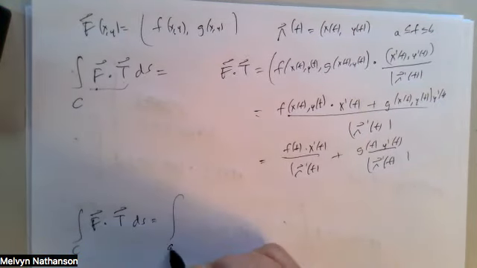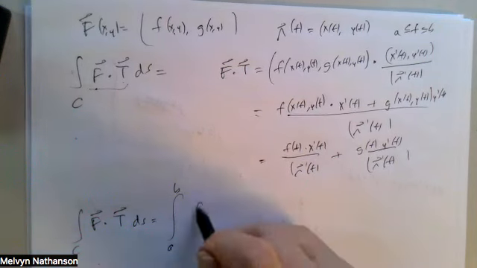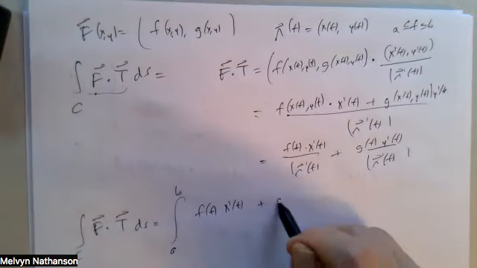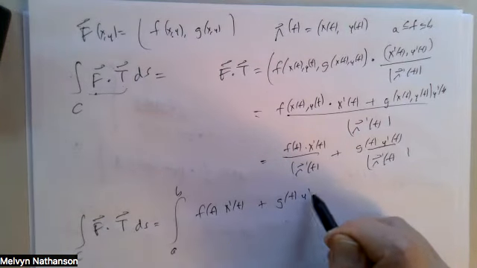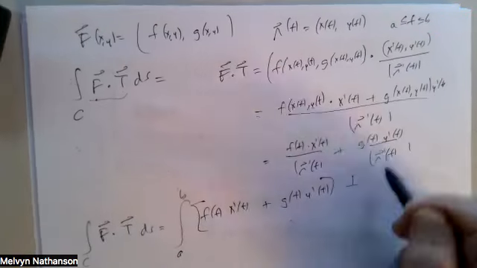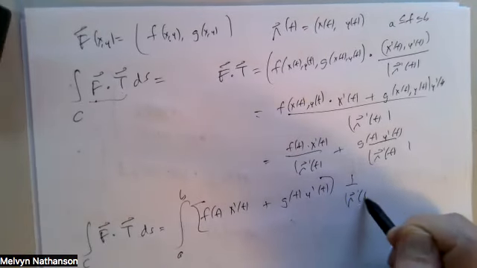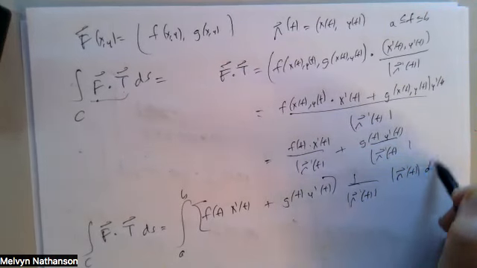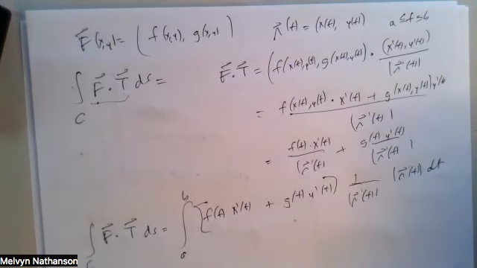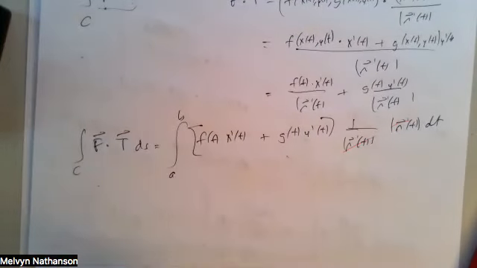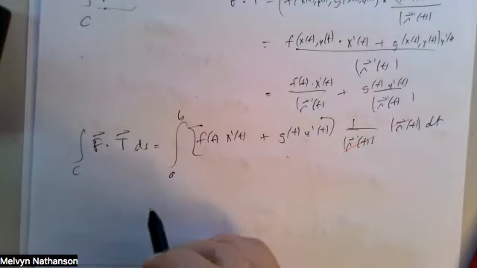So this is the integral from a to b of f of t x prime of t plus g of t y prime of t, times 1 over the length of r prime of t, times the length of r prime of t dt. These cancel. So we're left with something which is much simpler to look at.